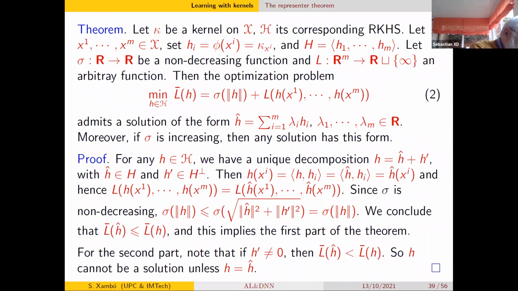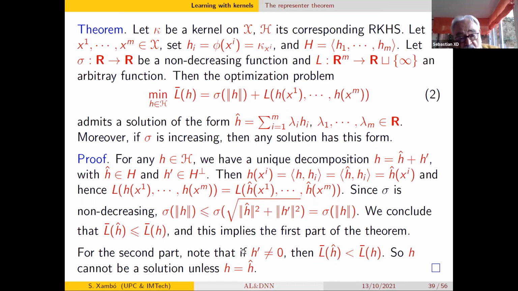Sorry for that. So the sigma of the norm of h hat is less than or equal to the sigma of the norm of h. We conclude that L bar of h hat is less than or equal to L bar of h, because this doesn't move when you replace h by h hat, and this goes down when you go from h to h hat. And this implies immediately the first part of the theorem.